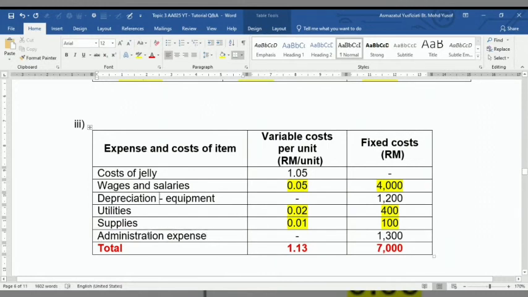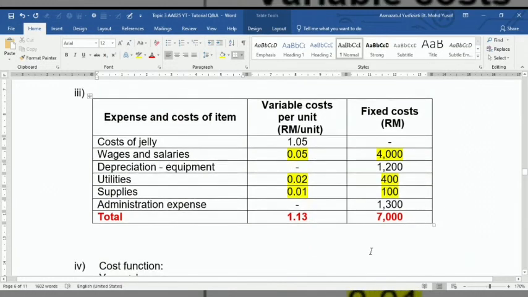Just now we already know that the administration expenses is the fixed cost, so there are no variable cost per unit. It is only the fixed cost. Now you sum up all the costs. So total cost for variable cost per unit equals to RM1.13, while the total fixed cost equals to 7,000.